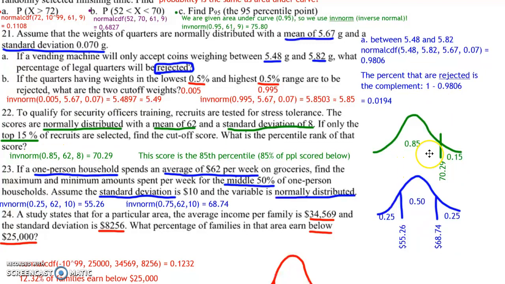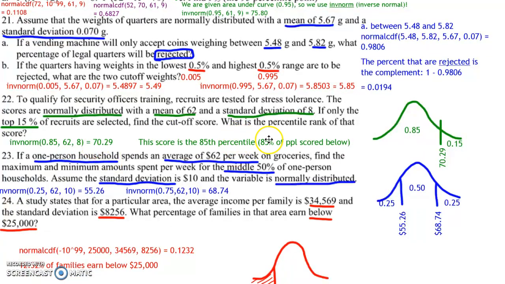So this 0.85 represents the area behind this value, and our mean and standard deviation are here. And it's obviously the 85th percentile because 85% of people scored below it. Percentile talks about what percentage of people are below it, or what percent of values are below a certain number.